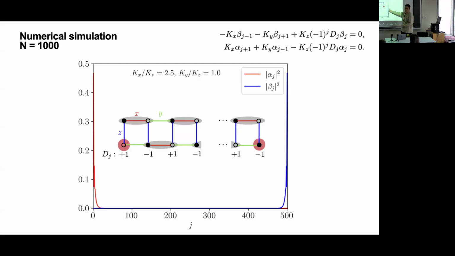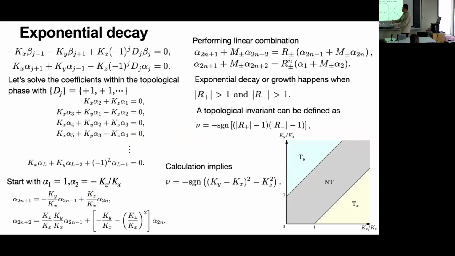We can clearly see an exponential decay at the edge in the topological phase. Here we choose the DJ within the pi flux, and Kx is very large compared to the others. Also, despite the numerical simulation, these relations between the coefficients are exactly solvable, and one can solve them exactly to see where the exponential decay or growth happens by these conditions. One can also define the topological invariant by whether there's an exponential decay of the probability of locating the Majorana fermion, and one finds exactly the same phase diagram as from the band dispersion.